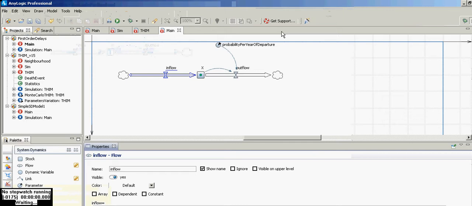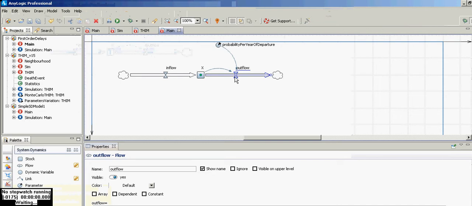Right now, we have a formula that is the value of the stock times this probability per year of departure. So if there are 1,000 people at risk and there's a 10% chance per year of leaving, then 100 people per year on average leave, right? It's about the outflow. Let's convert that now to a situation where we have a mean time in that stock of a certain value.